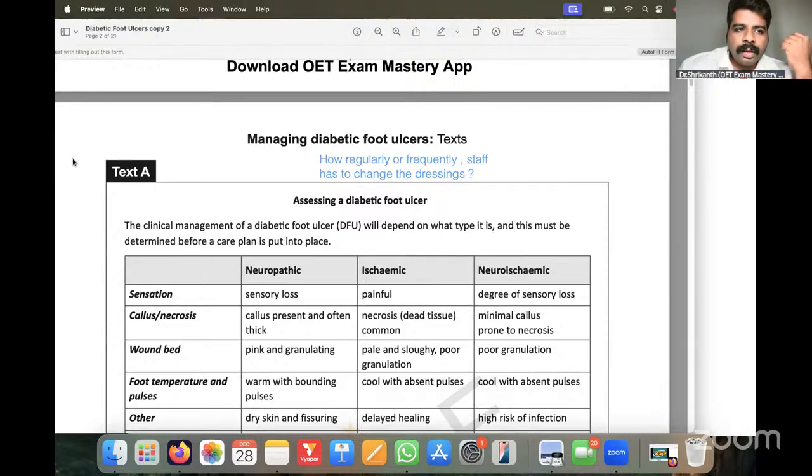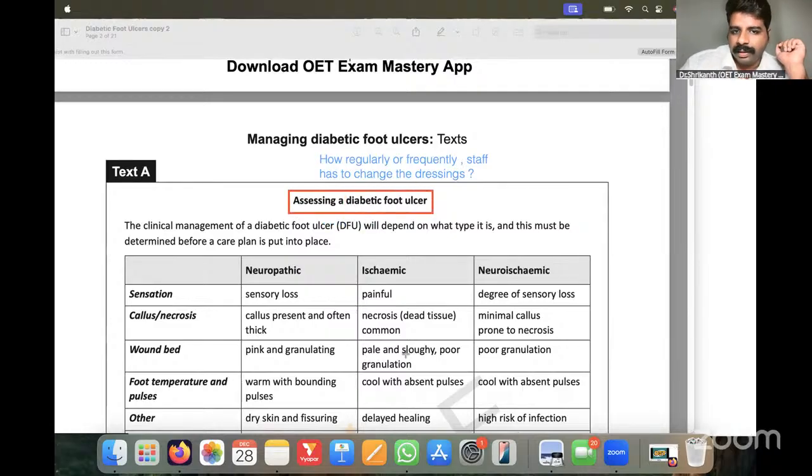Over here in text A, they're talking about assessing a diabetic foot ulcer. Do you think this information, that is how frequently they have to change the dressings, is going to come under assessment? No, my intuition is telling me it is not going to be there.